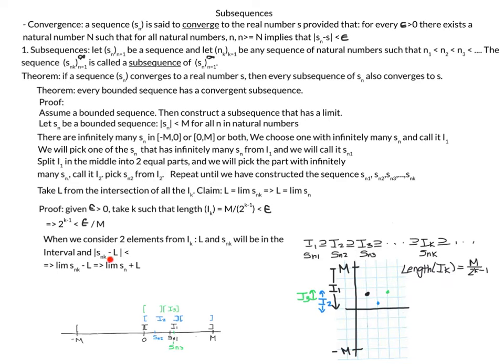And S_nk minus L is going to be less than epsilon, which means, by definition of convergence, the limit of S_nk is equal to L. And because if a sequence converges to a real number, then the subsequence also converges to the same limit, that means the limit of S_n is also equal to L. And that concludes this proof.